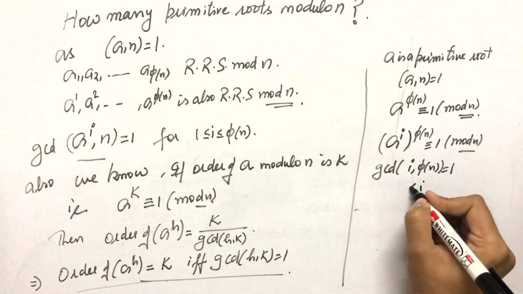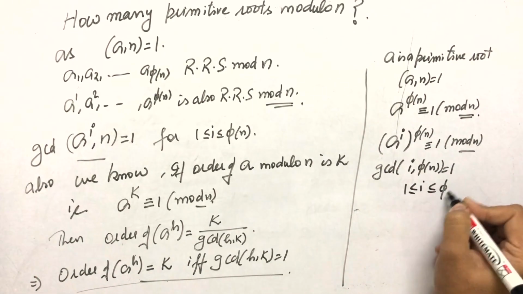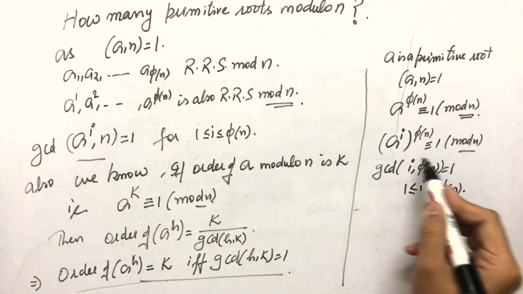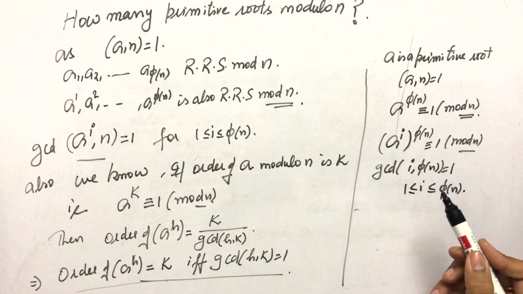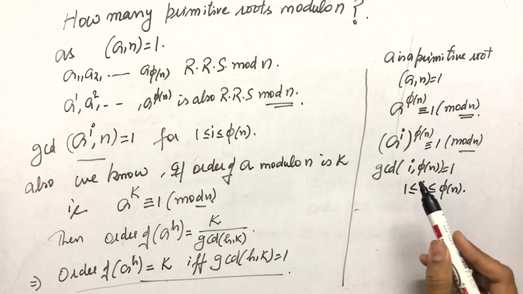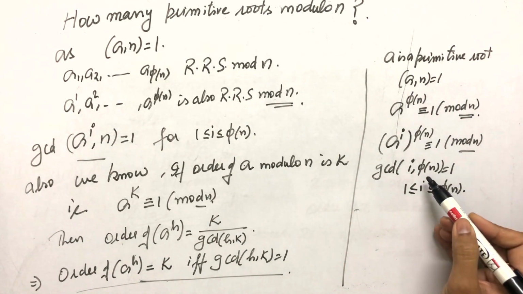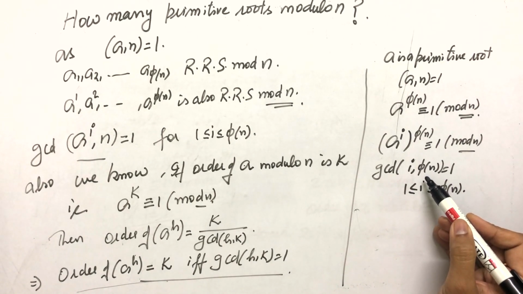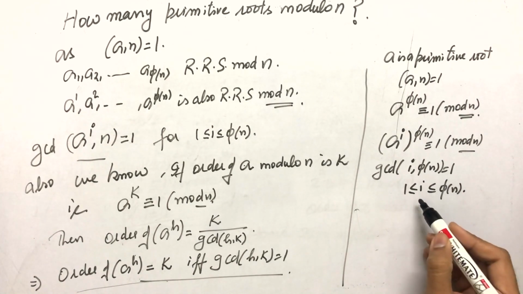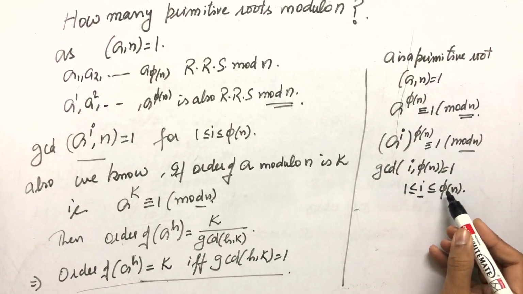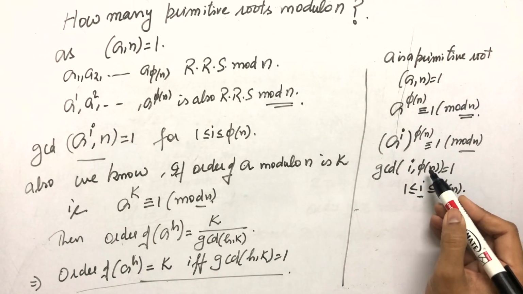And where does I lie? I is from 1 to phi n. Now just read it as we learned in the definition of the Euler function. Number of integers less than or equal to phi n relatively prime to phi n. So I'm again repeating, number of integers less than phi n relatively prime to phi n.